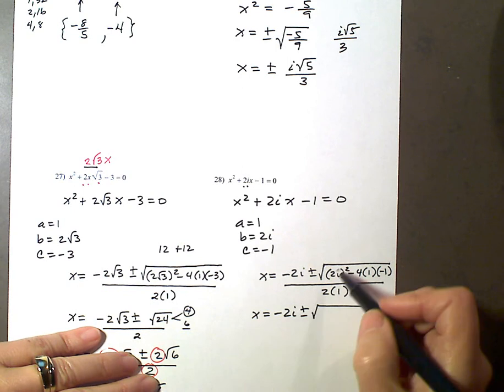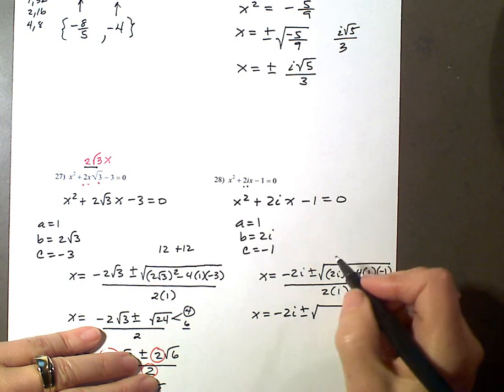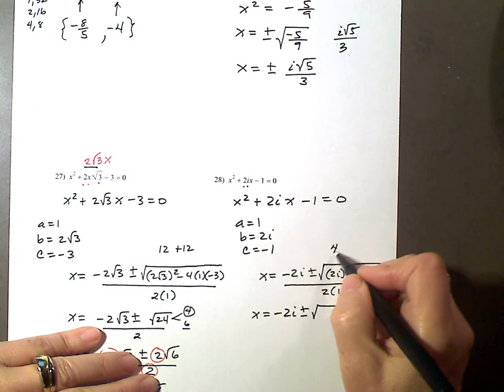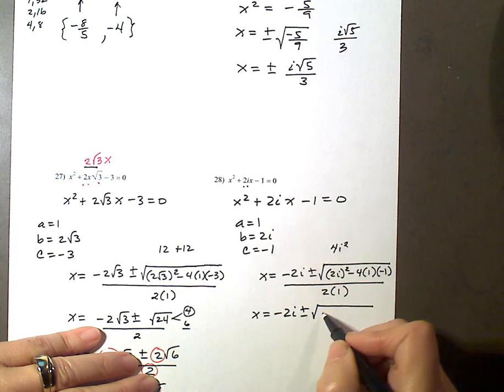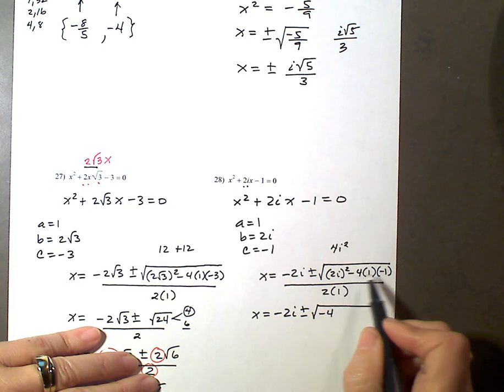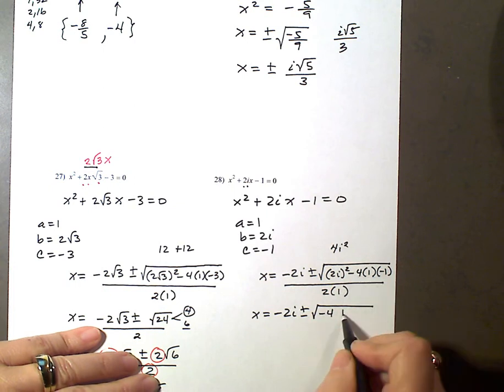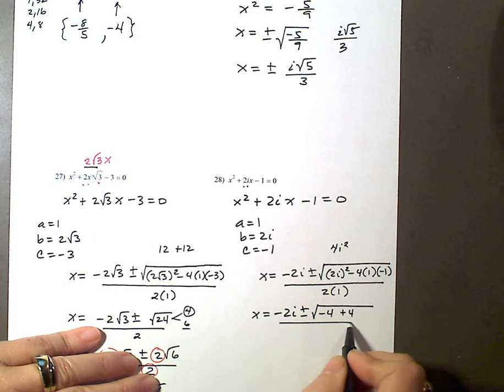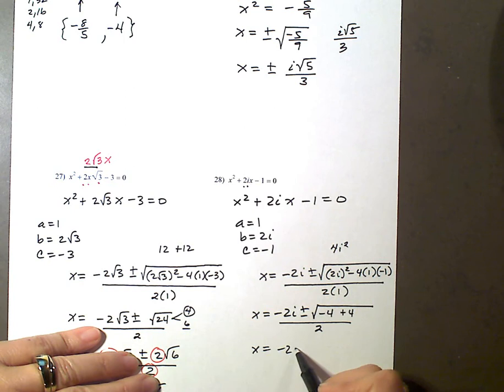Now, when I square the 2i, I get 4i squared, which is negative 4. And then this is going to be minus 4 times negative 1, so it's going to be a plus 4, all over 2. So continuing here, negative 2i plus or minus square root of 0 over 2.